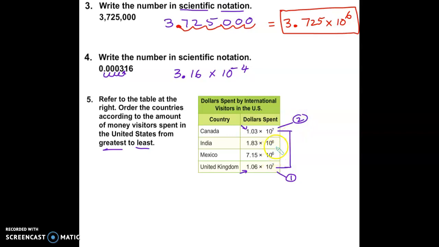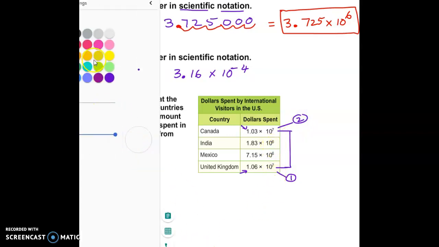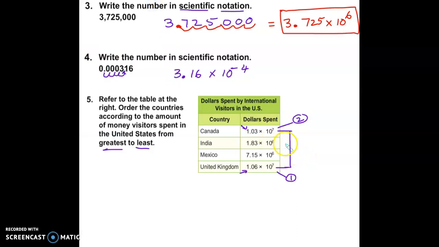Now let's compare the 10 to the 6. Let me change the color. In these two, India and Mexico, they have 10 to the 6. But again, I'm going to compare the numbers in front. This is 7.15 and India has 1.83. Obviously, Mexico is the bigger number because it's 7.15. So Mexico is number 3, and then this one is number 4.